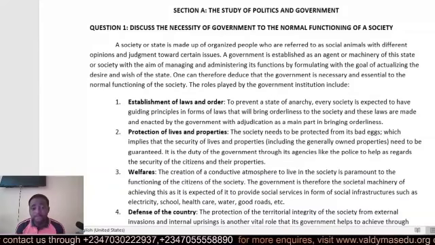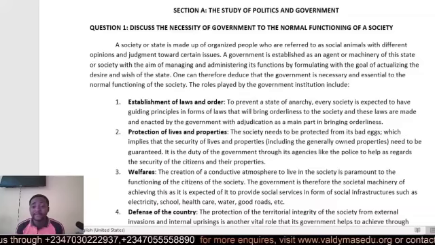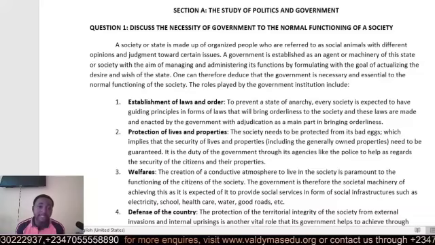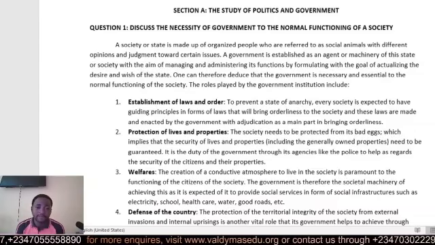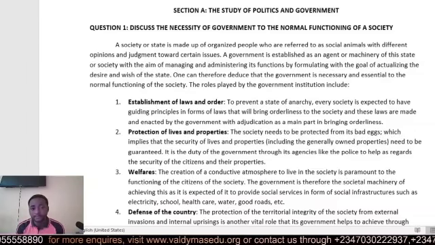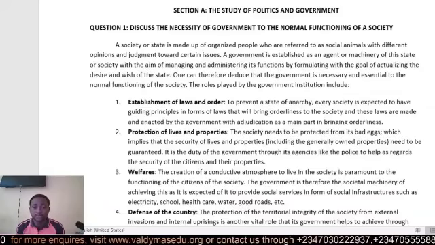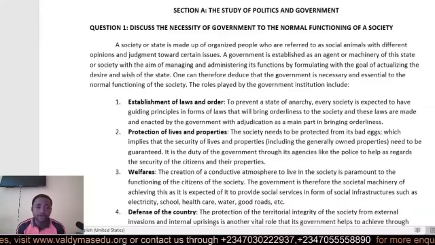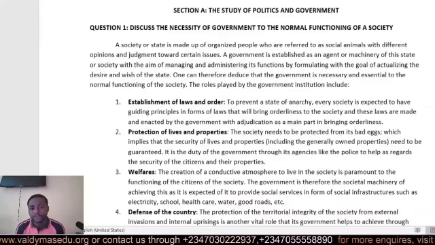The question is simply demanding the functions of government. As we answer questions in government, you're expected to give an introduction, establish your point in the body, and also give a conclusion.